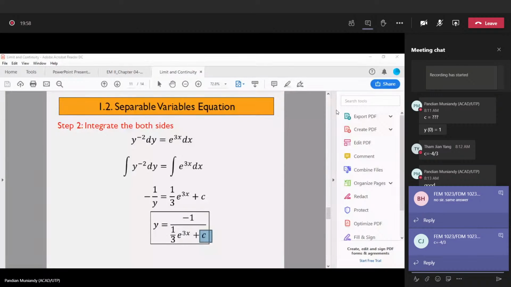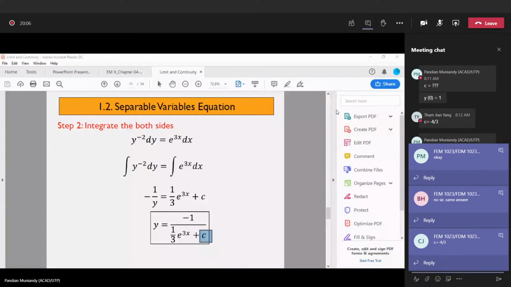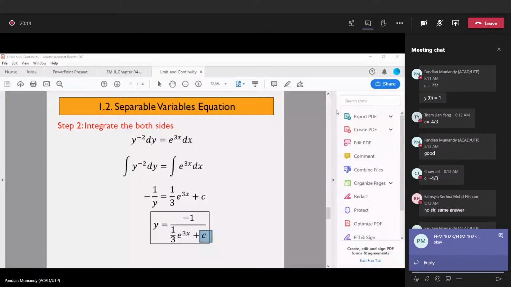Chowjit says, no sir, same answer. Okay. So your answer will be negative 1 over y equals 1 over 3 e power 3x minus 4 over 3. You can write in this form, or you can write y equals minus 3 divided by e power 3x minus 4.